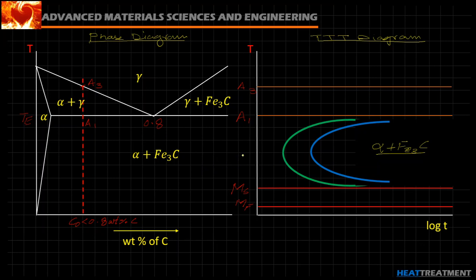However, above the nose we have pearlite, and below the nose we have the bainite. And similarly, between the start and finish of these C curves, we have alpha plus pearlite above the nose, and we have alpha plus bainite below the nose.